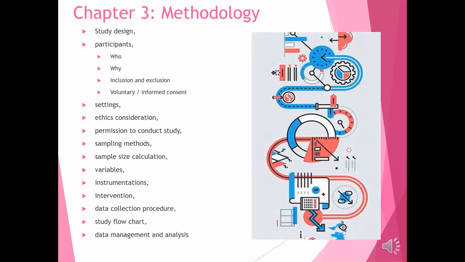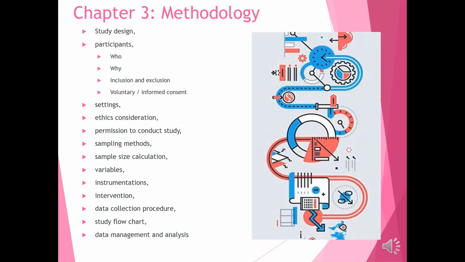So you must tell what is the design of the study, who the participants are, why you chose the participants, what the criteria are to include or exclude the participants, whether they are voluntary participants, and whether you have given them concise information about the study, and they must agree to participate.